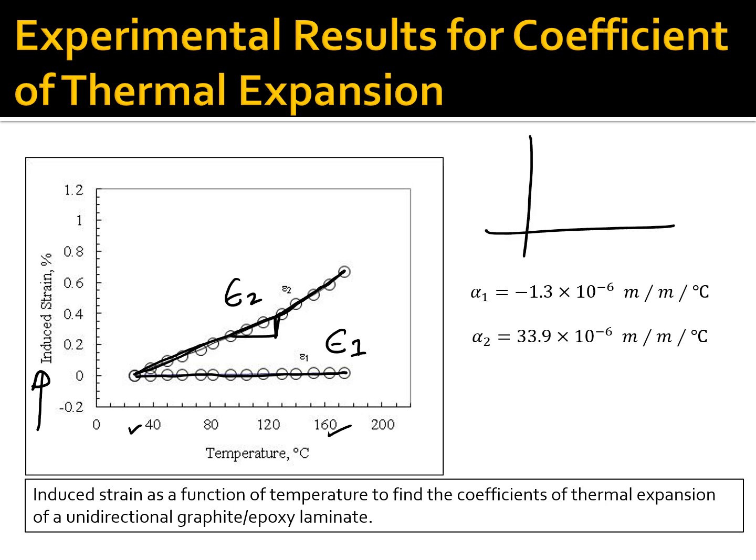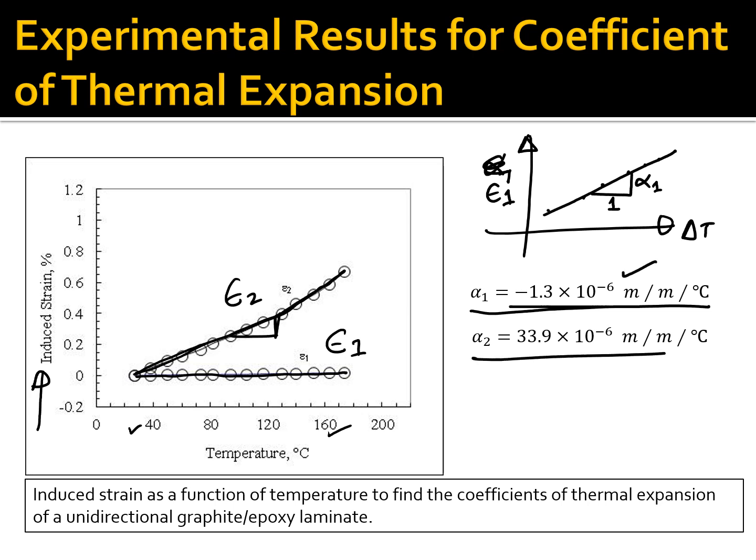You're going to basically do a regression between, let's suppose, epsilon 1 and delta T. Once you have plotted those points, whatever turns out to be the slope will give you alpha 1. And in this case, you're finding that alpha 1 is a negative quantity, as you can see that the slope is negative. So you get this, and for alpha 2, you get this as the value.